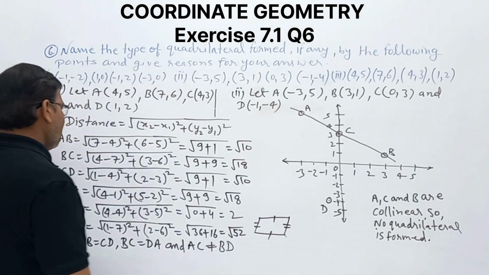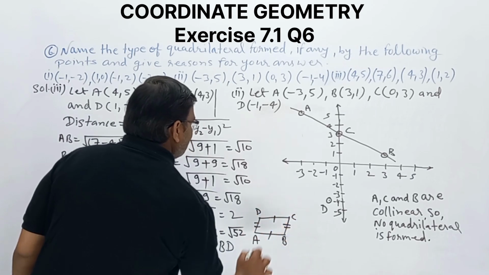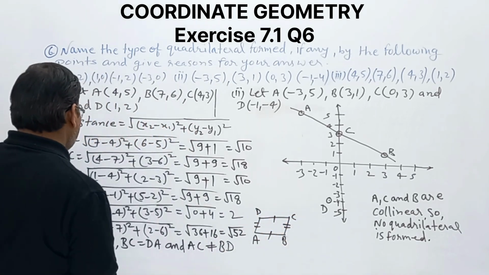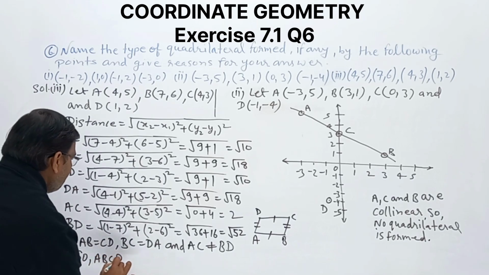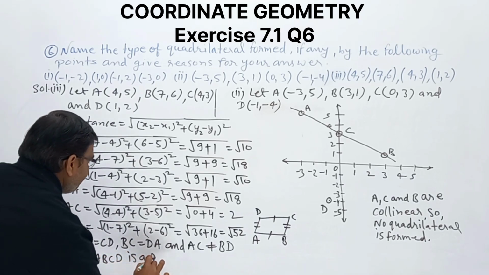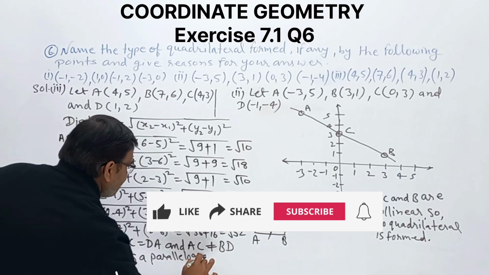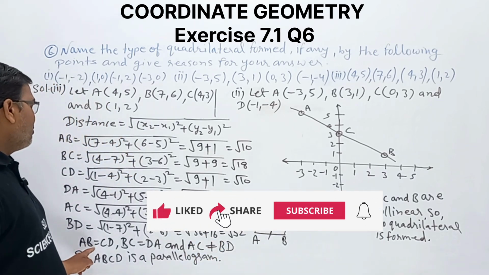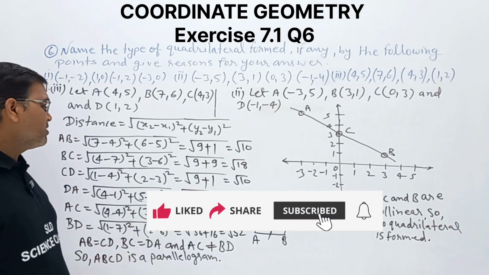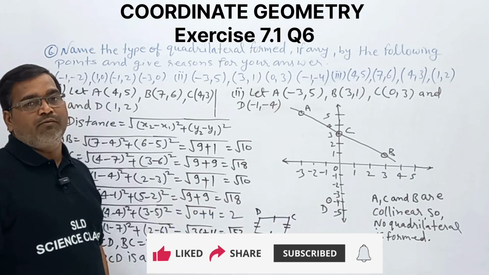Clear? So we can say ABCD is a parallelogram. Why? Because in a parallelogram, opposite sides are equal and diagonals are not equal.